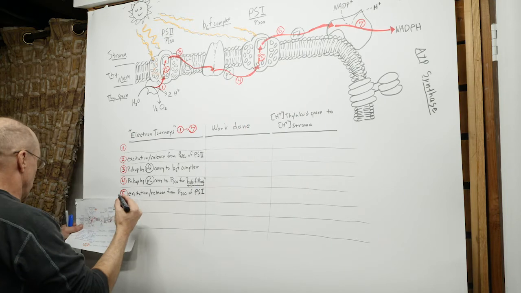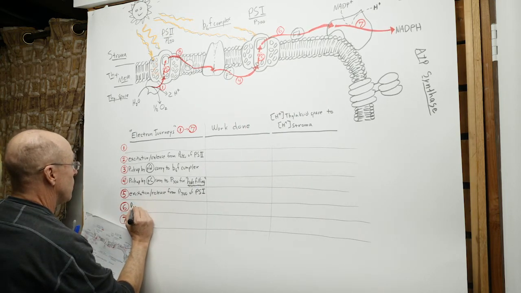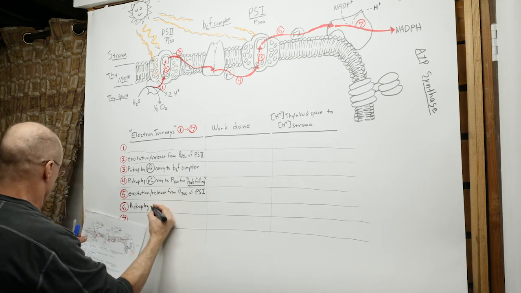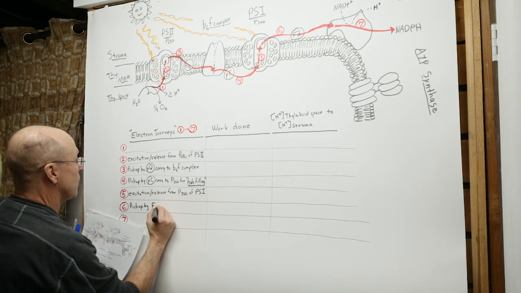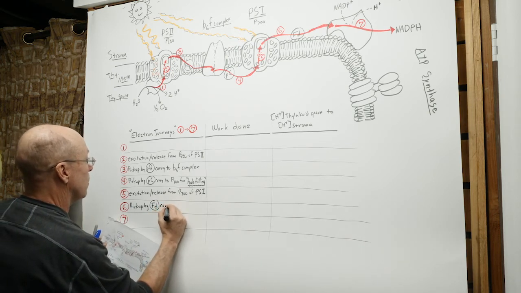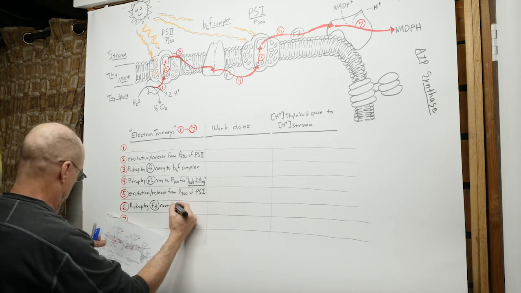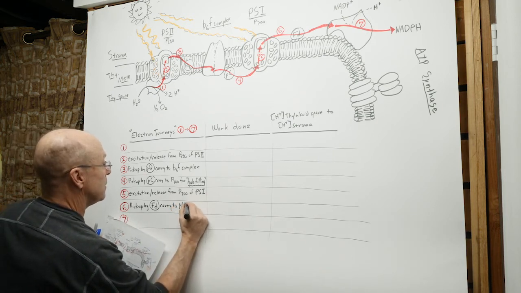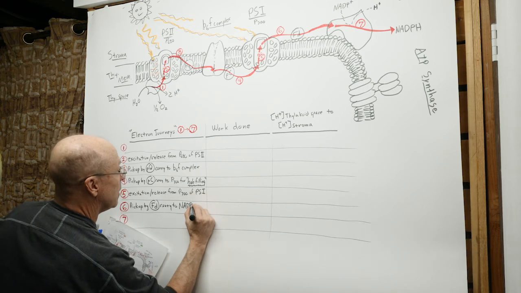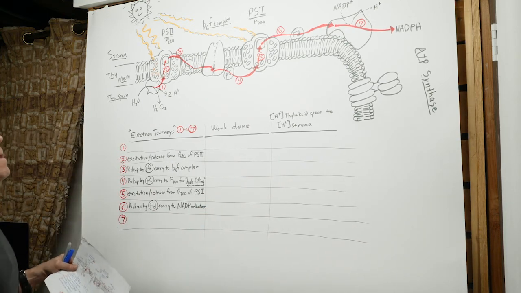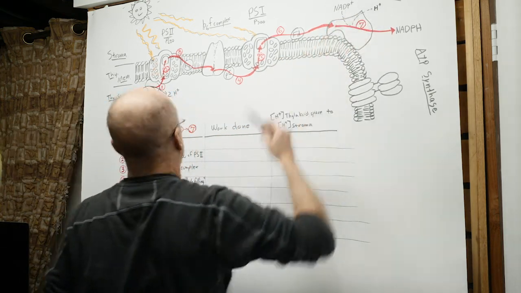Number 6 is going to be pick up by FD and carry to NADP reductase. So it takes it to NADP reductase.